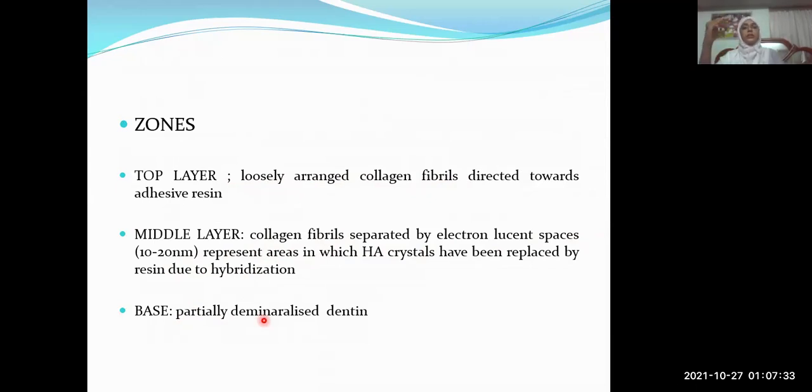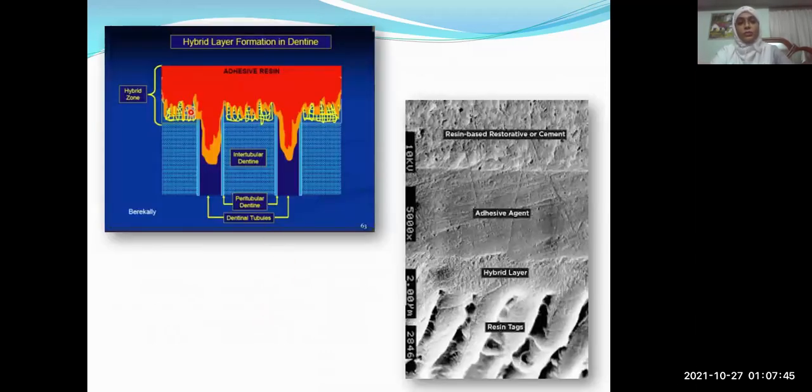So the superficial layer has loosely arranged collagen fibers, the middle layer has resin tags formed by means of the resin, and in the base you have partially demineralized dentin.